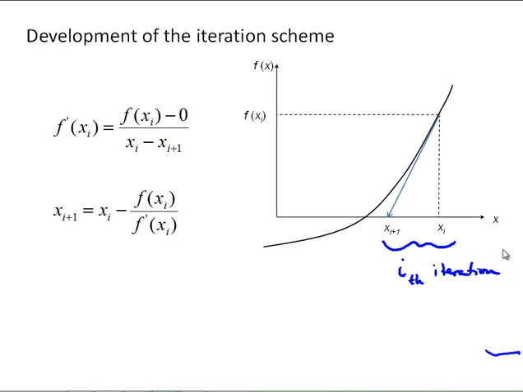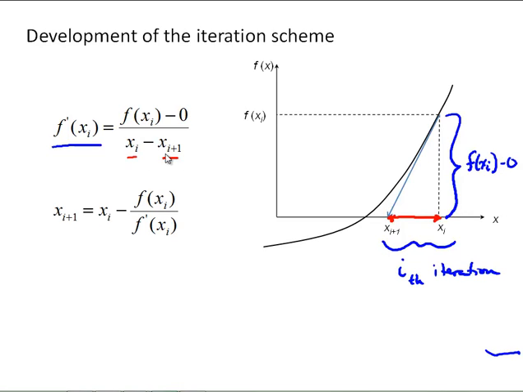The slope, f prime of x, that we use there can be written as the rise, which would be here, f at x sub i minus 0, over the run, which is right here, or x sub i minus x sub i plus 1.